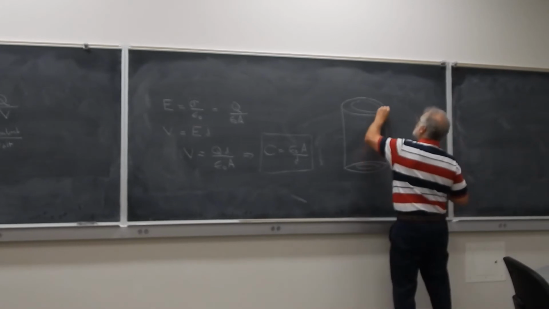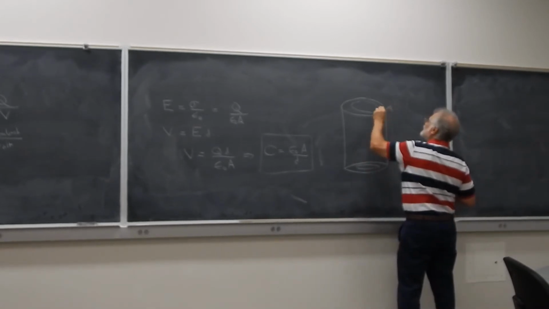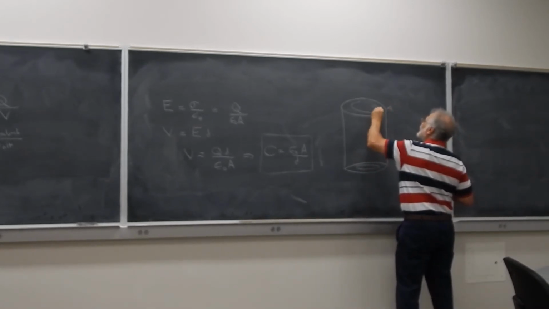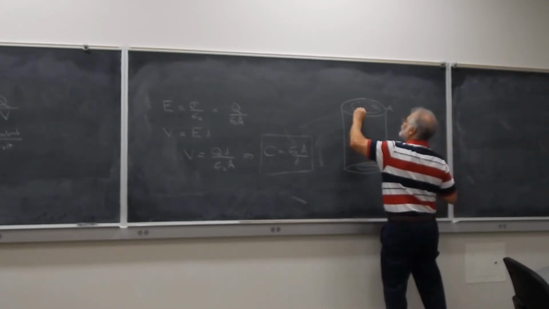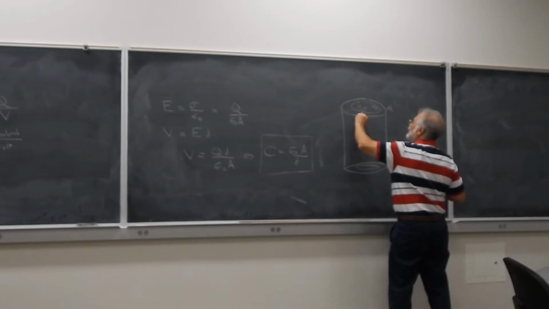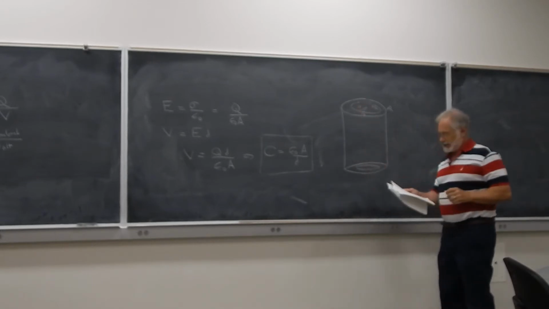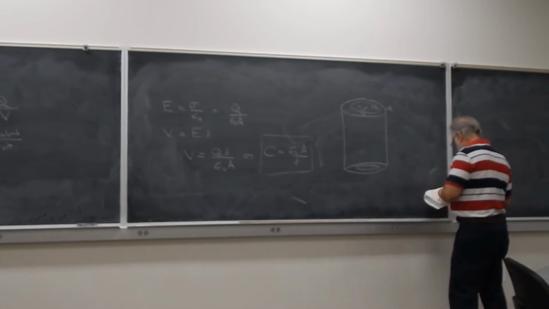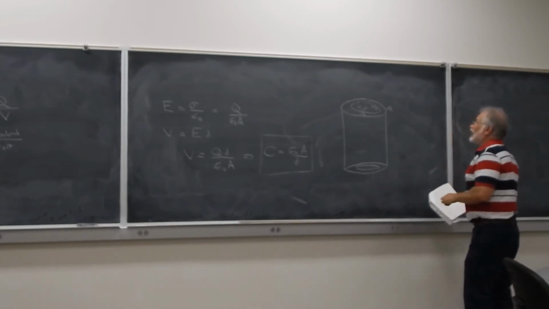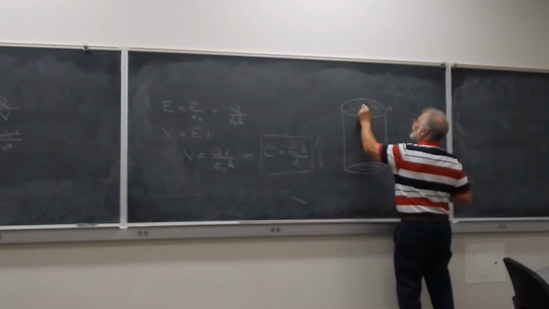And let's say the outer plate has a minus Q and the inner plate has a plus Q on it. And let's say that the inner plate has a radius a and the outer plate has a radius b. So to calculate the capacitance, I would use Gauss's law.